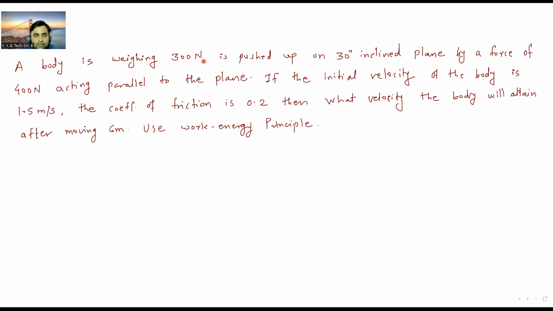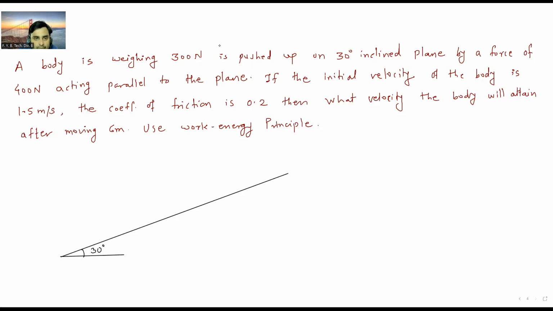Okay, so a body weighing 300 Newton is pushed up on a 30-degree inclined plane by a force of 400 Newton. So if I draw the diagram, now see, this is a 30-degree inclined plane. This plane is inclined at an angle of 30 degree.